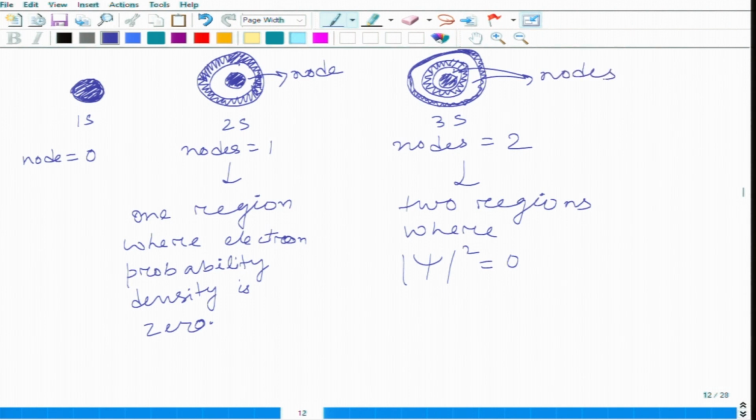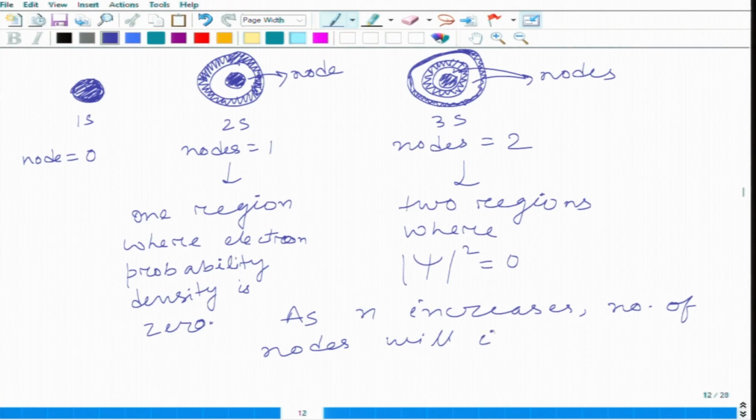Roughly these are the diagrams of how the s orbital is described in the form of circles. As the principal quantum number n increases, the number of nodes will increase, and the number of nodes is given by n minus 1. So, this is how the s orbitals are described.